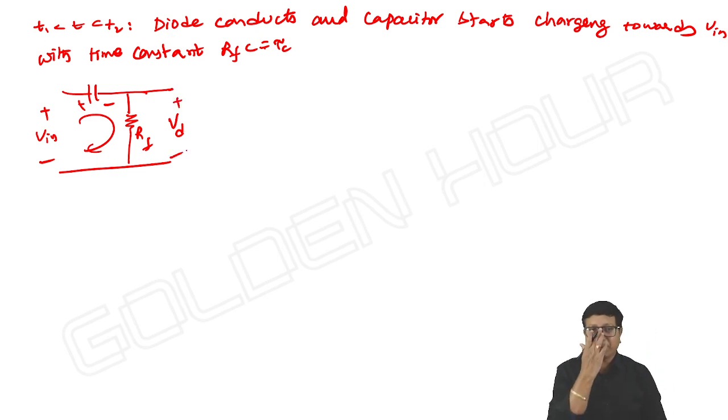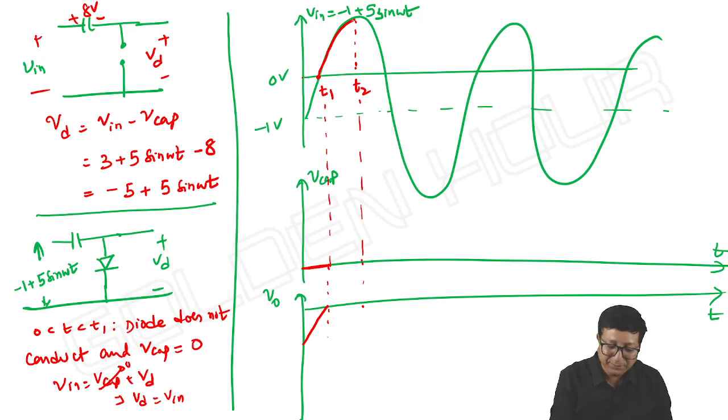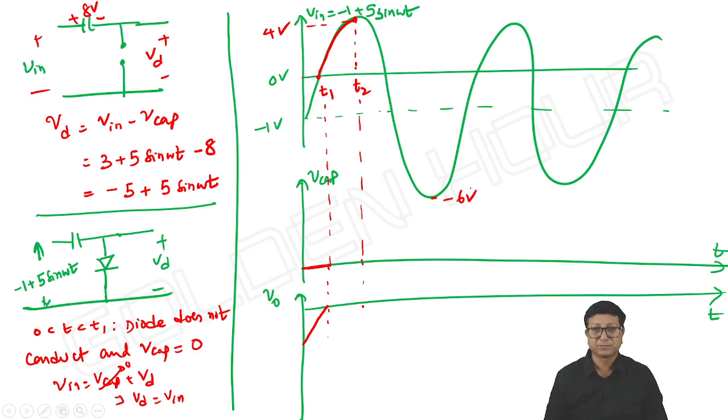So to what level the capacitor will charge? At t equal to T2, V input is reaching its peak amplitude. How much? It is 4 volts. And this negative peak is minus 6 volts. At t equal to T2, capacitor charges up to the peak amplitude of 4 volts.